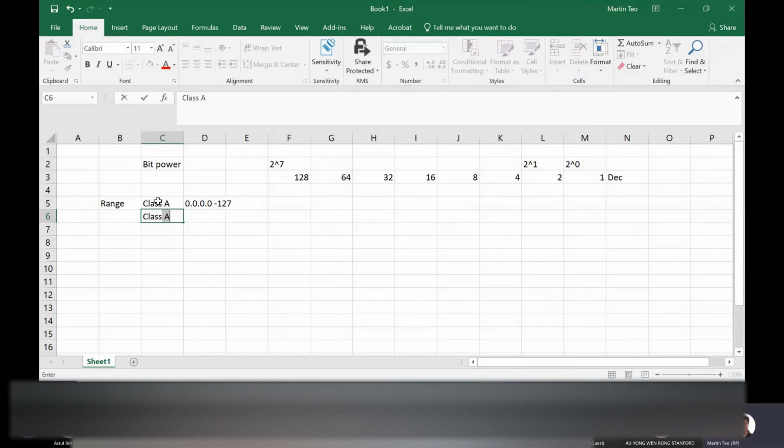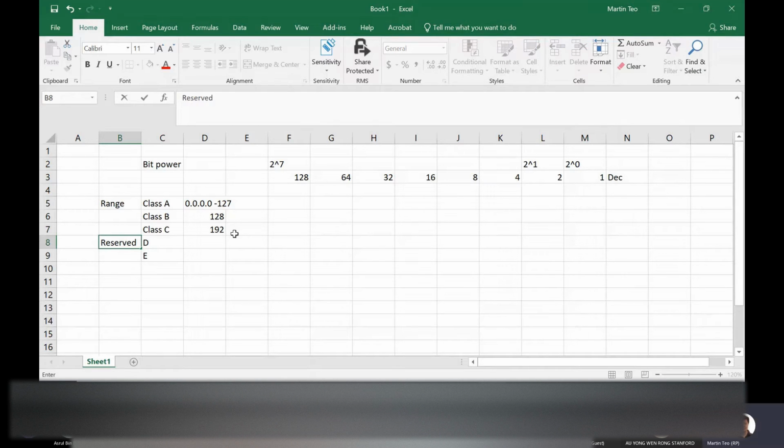Then we have class B, which of course starts from 128. Then class C. Class C address space will start with 192. Then we have class D and class E. I didn't put the class there, because they are actually reserved.